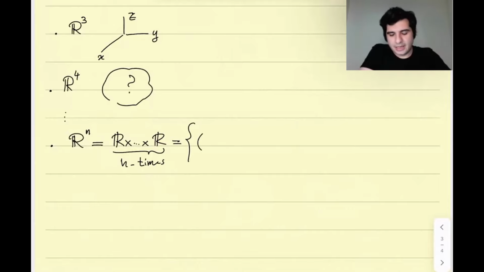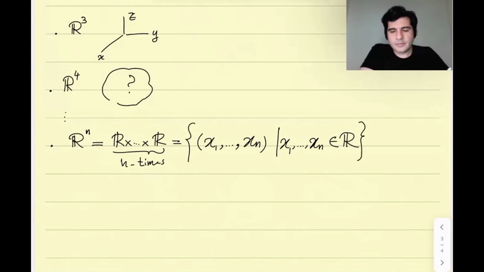So any point in Rn can be described with an n-tuple of numbers, x1 up to xn, where each of them, x1, x2, x3 up to xn, is a real number. So this is our Euclidean n-dimensional space, and these are real n-dimensional objects.